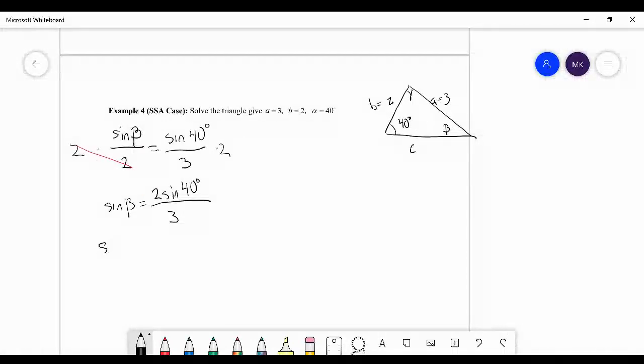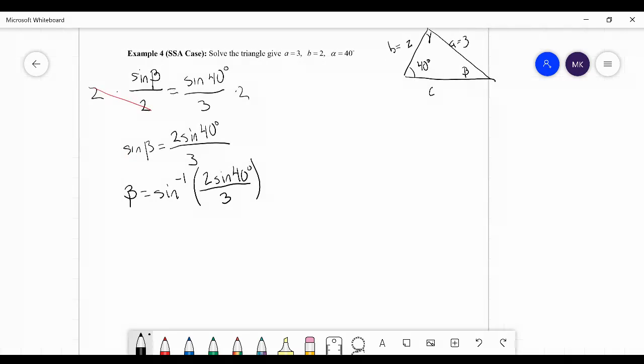So we just use the inverse sine function. So beta is equal to the inverse sine of 2 times the sine of 40 degrees all over 3. And then we just use our calculator, making sure you're in the correct mode.